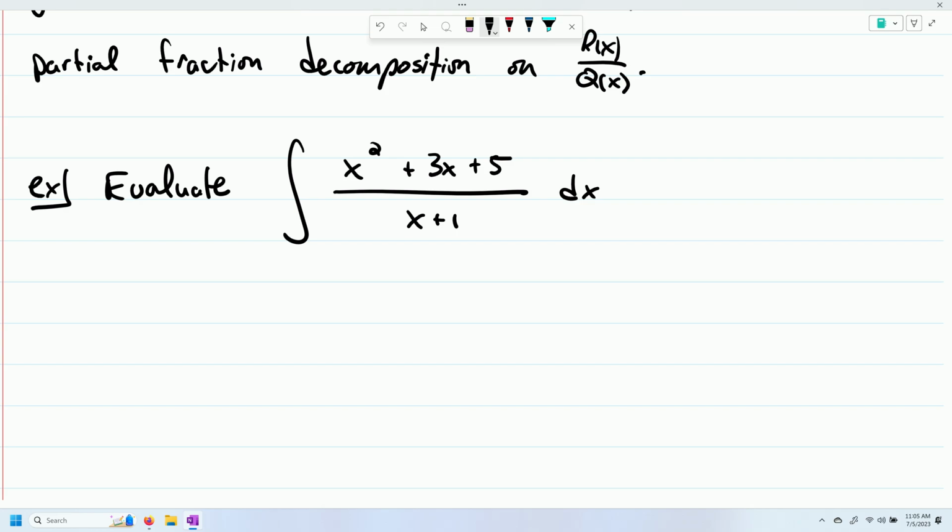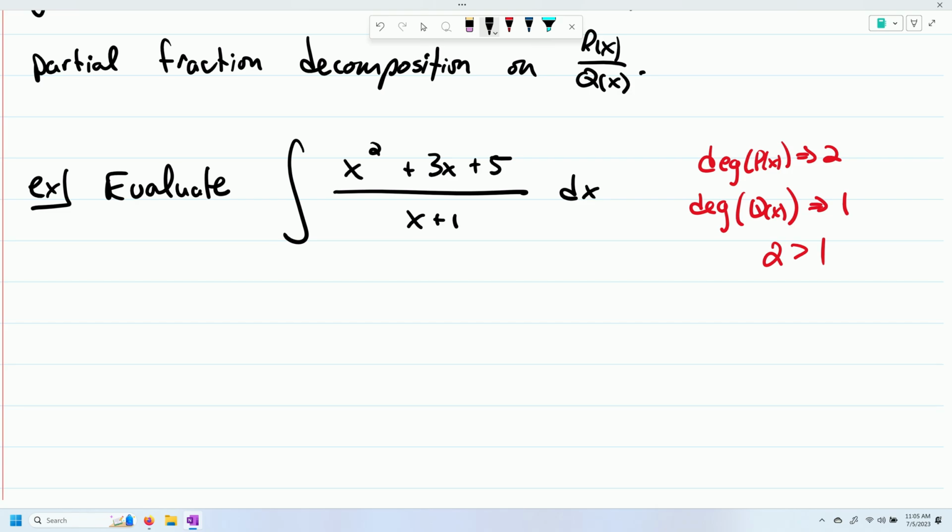Notice the degree of p of x is 2. The degree of q of x is 1. And since 2 is greater than 1, we're going to use long division.